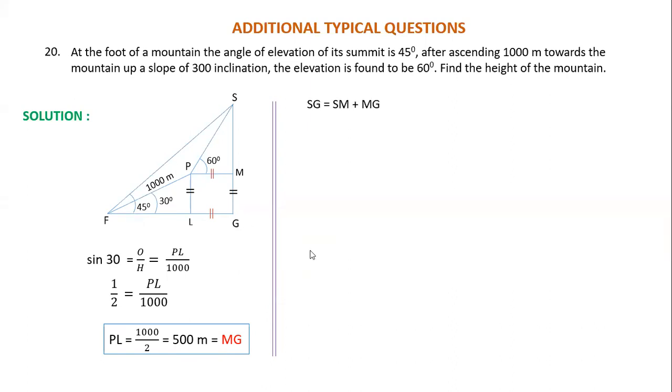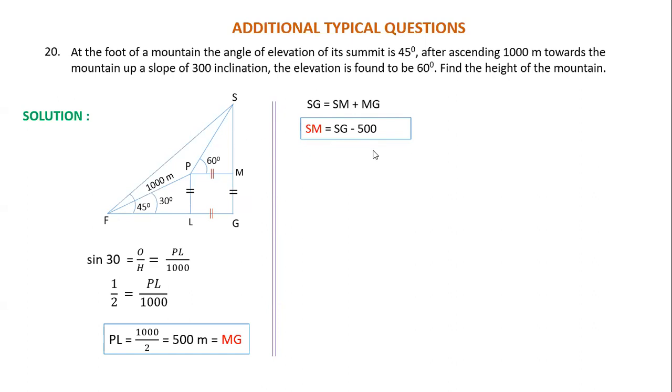Now go for SG. SG is equal to SM plus MG. So that means SM is equal to SG minus 500.